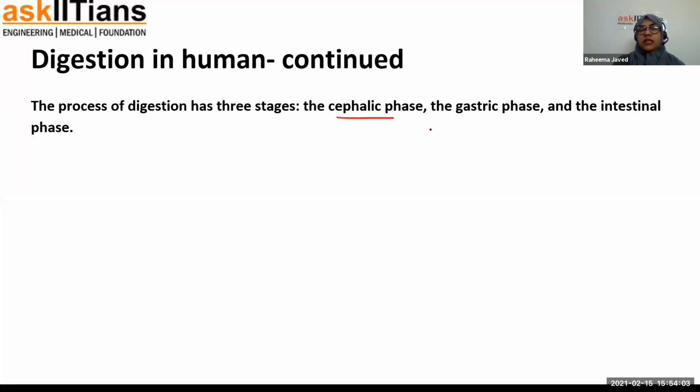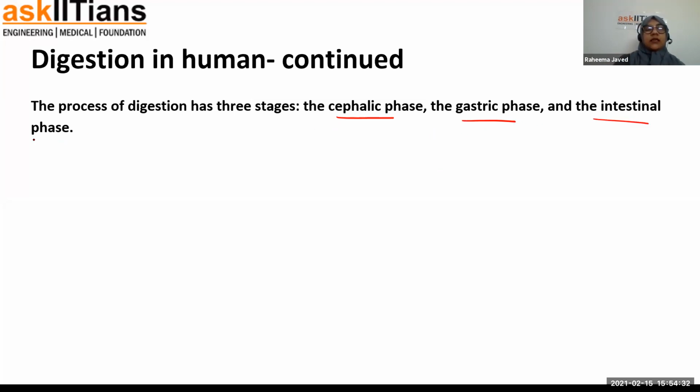The cephalic stage, which includes the mixing of food in the mouth with the saliva, and its mechanical digestion by the chewing of teeth. The second phase is the gastric phase, where after the food is swallowed, it reaches the stomach and gastric juices are secreted, where the digestion process begins in the stomach.